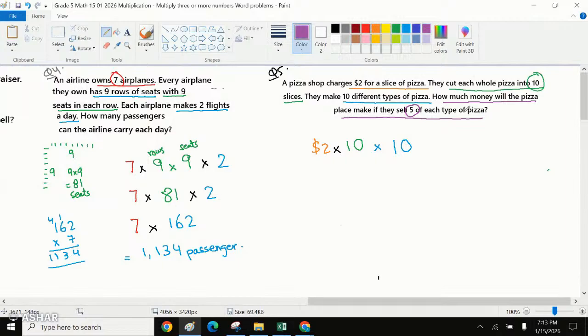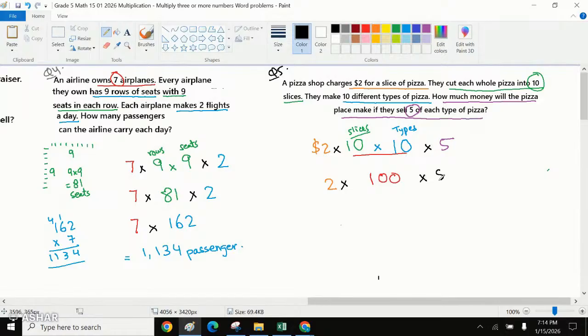But if these were just the types, okay, and these were slices, the number of slices and the types. Now what they're saying is, if they are selling 5 of each type, so the easiest way to do this is to multiply by 10. Multiply by 10 would be 100.